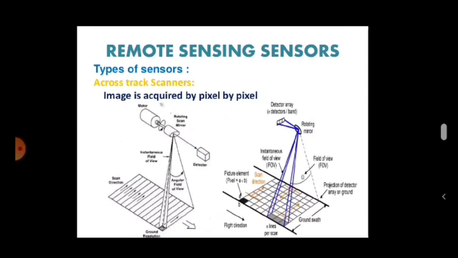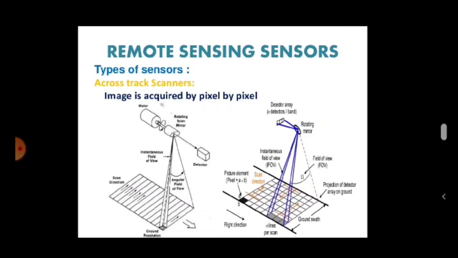And when it comes to whisk broom scanners with scanning mirror and single discrete detector, the advantages of this type are detector response over the scene, of course, and also simple optics when compared to push broom.